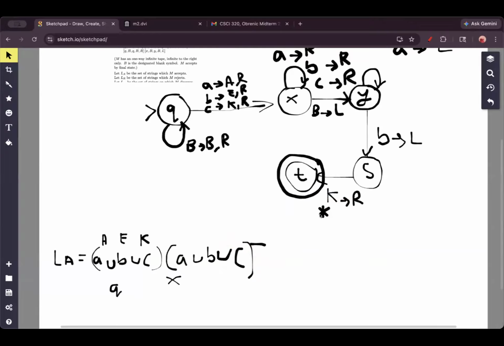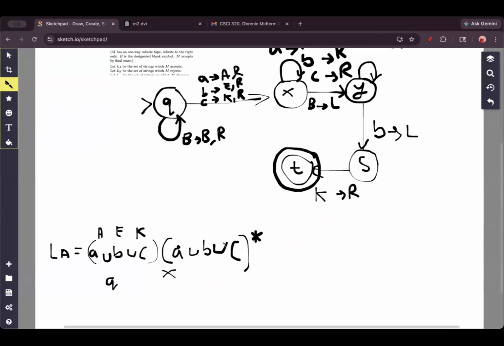Get the K right here. This is good enough. Okay, this is my X.